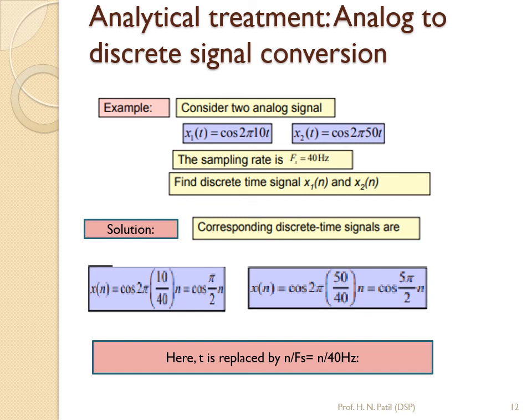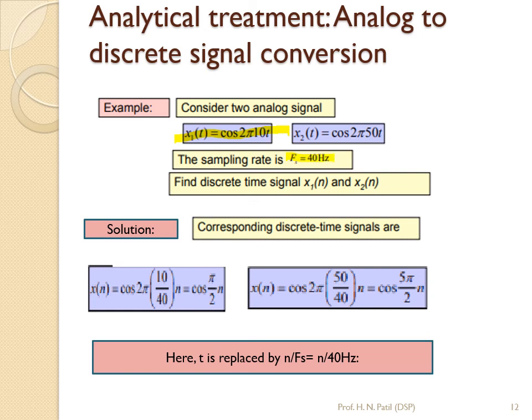Let us now solve one example of how an analog signal is converted into a discrete signal. Here I have taken two examples for practice. For the first signal, consider x1(t) = cos(2π·10t). Here the sampling frequency is given as fs = 40 Hz, and we want to find its discrete signal. Now x(n) can be found by replacing t by n/fs.